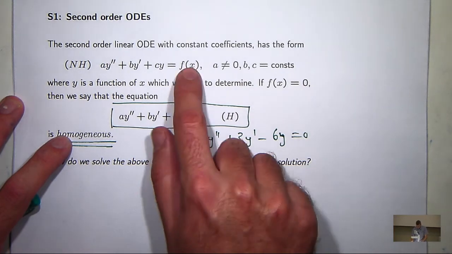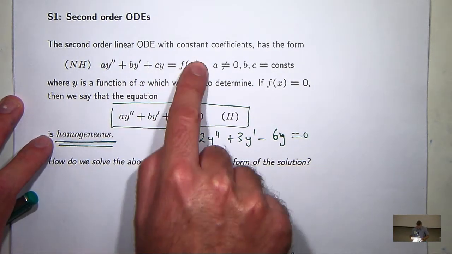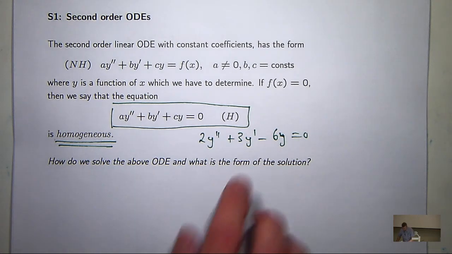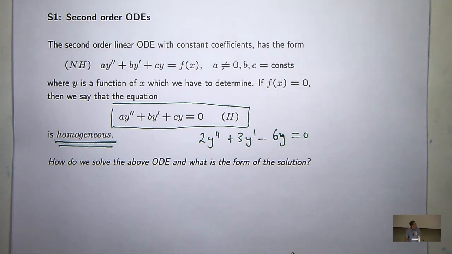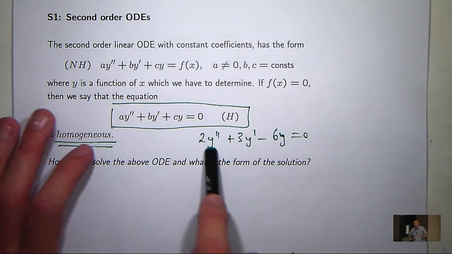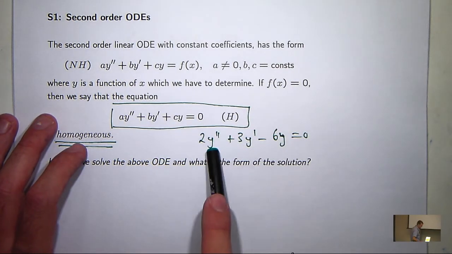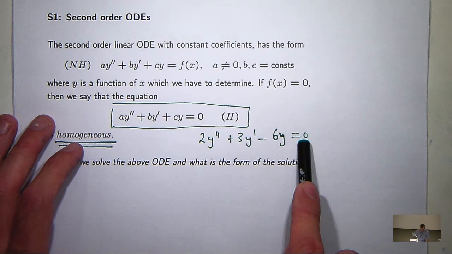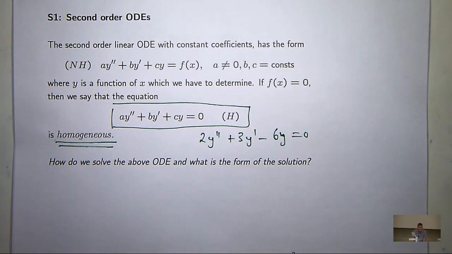So this is a more general problem. We'll get to that later. But this is what we're going to look at today. So how do we solve these kinds of problems? Well, the first observation we make is that, looking at this problem, we want all these derivatives to cancel each other out, so we get 0.